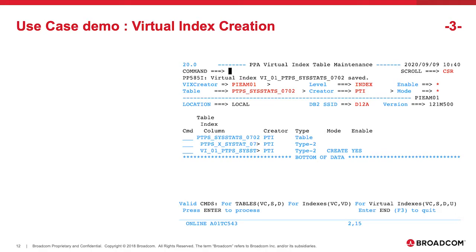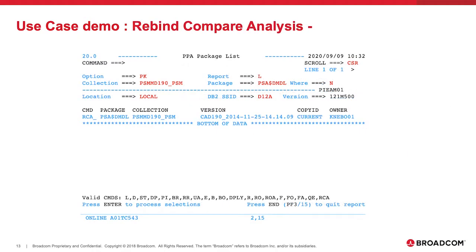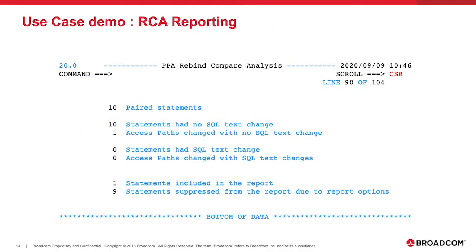We can run the Rebind Compare Analysis again, and now we will see that the SQL statement remains the same, with no SQL text change, but one access path has been changed without an SQL text change. It means that the access path changed because the physical design changed.